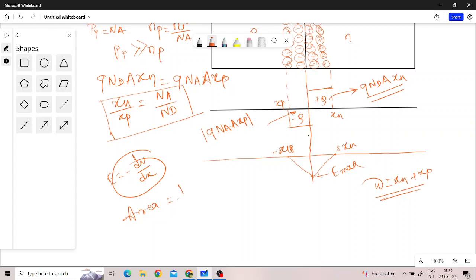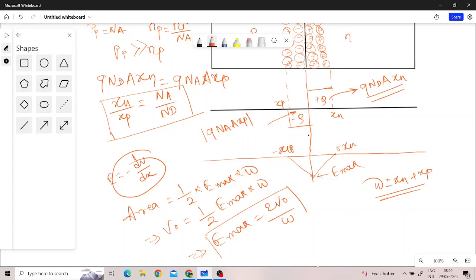So the area will be half into Emax into W. This is nothing but your V naught. So Emax you can also write as 2 V naught by W. So this is what happens when no bias is applied here.